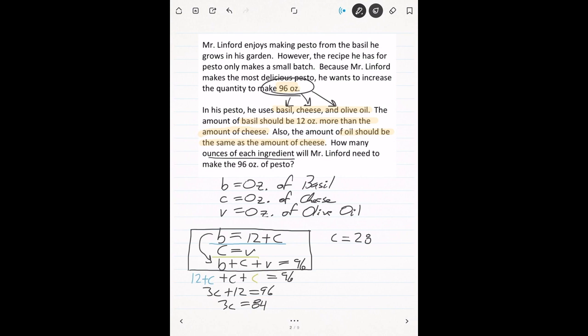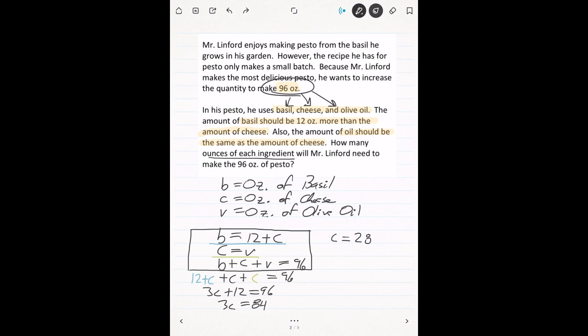So instead of writing b, I wrote what it was equal to, 12 plus c. And then instead of writing v, I wrote what it was equal to, which is c. So you can see I highlighted in blue here the substitution I did for b, and in green the substitution I did for v. So now I have an equation of all the variable c.